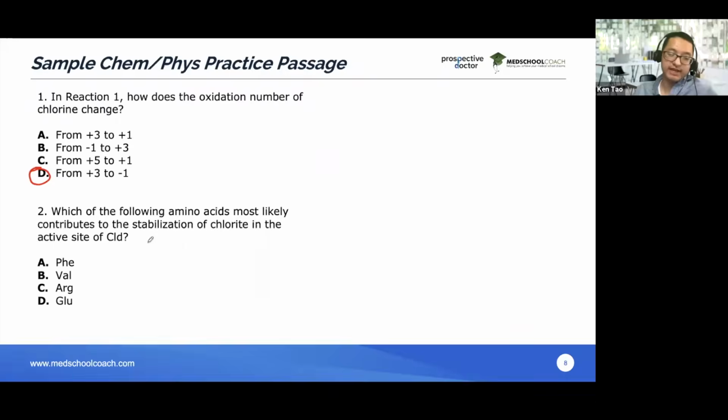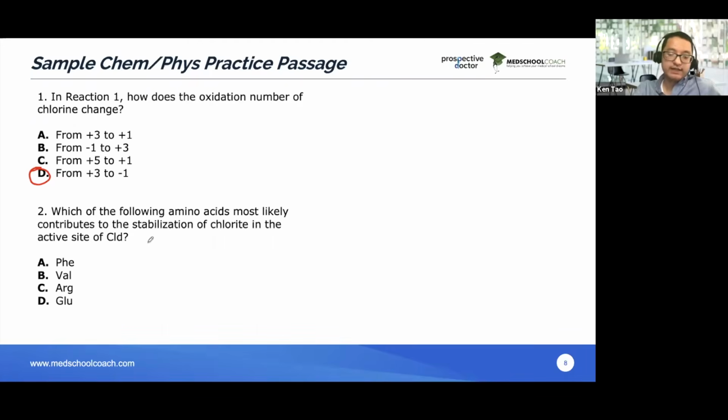And the AMC has done this, right? Where you have this molecule that looks largely nonpolar and there's like one tiny polar part, but if the passage text tells you that an acidic residue is important for the stabilization in the active site, you absolutely go with the passage text.